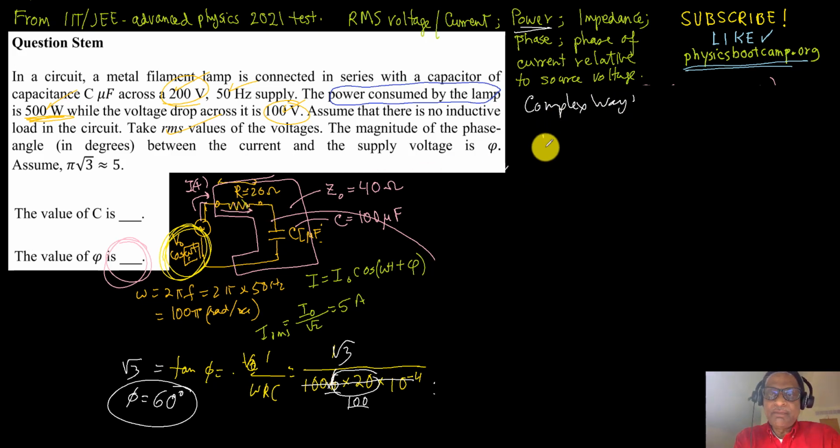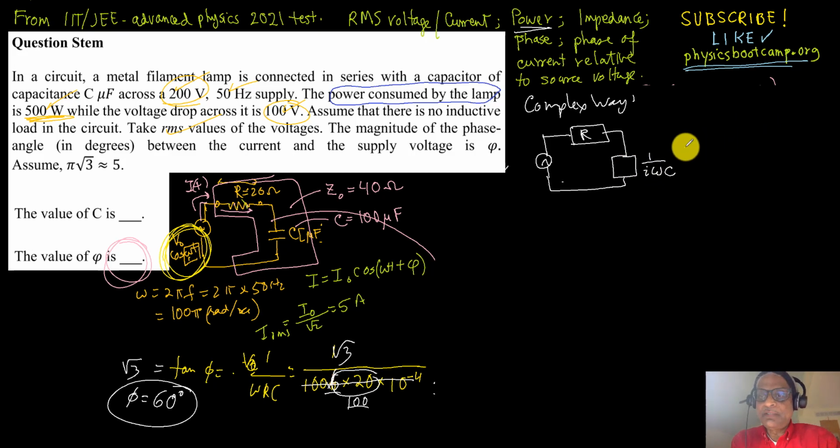We have this circuit and we convert them into boxes. So this remains R, and this becomes 1 over i omega C. So this turns into a Z, which is R plus 1 over i omega C. And this is my original V.